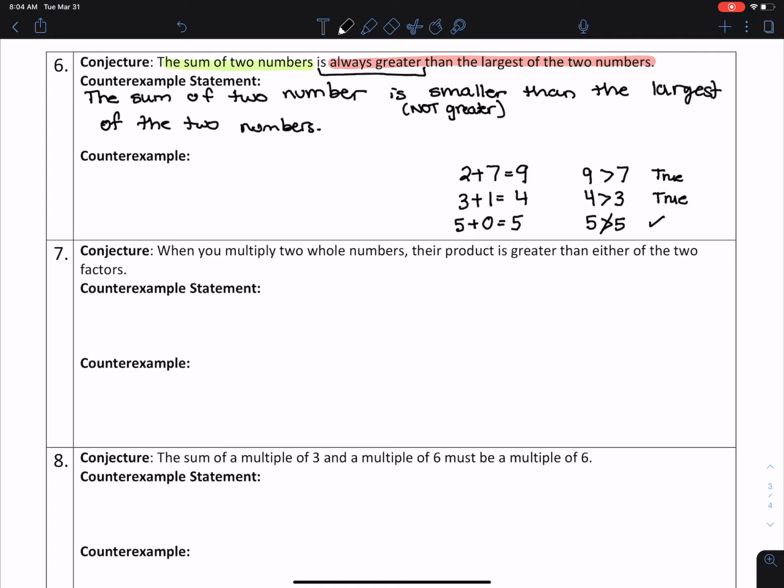So I'm going to say 5 and 0 are two numbers. The sum of 0 and 5 is 5. So we take the sum of the two numbers, and we're going to say the result is not bigger than the larger of the two numbers.